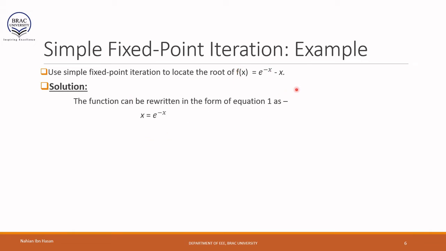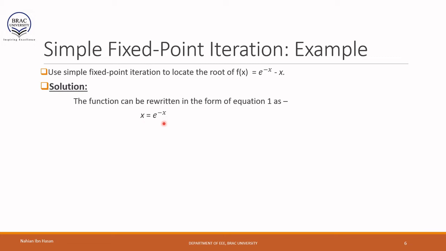If we want to find the root, the function f of x should be equal to 0. That means e to the power minus x minus x equals 0. Then we move x from the left hand side to the right hand side, and we get the equation x equal to e to the power minus x.